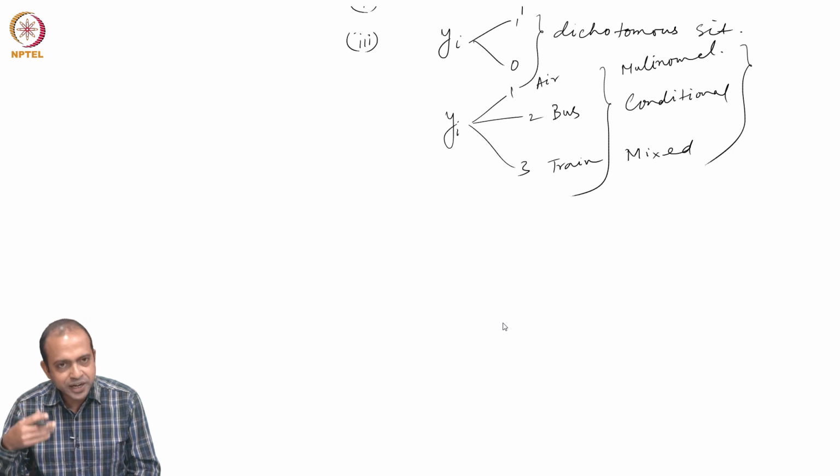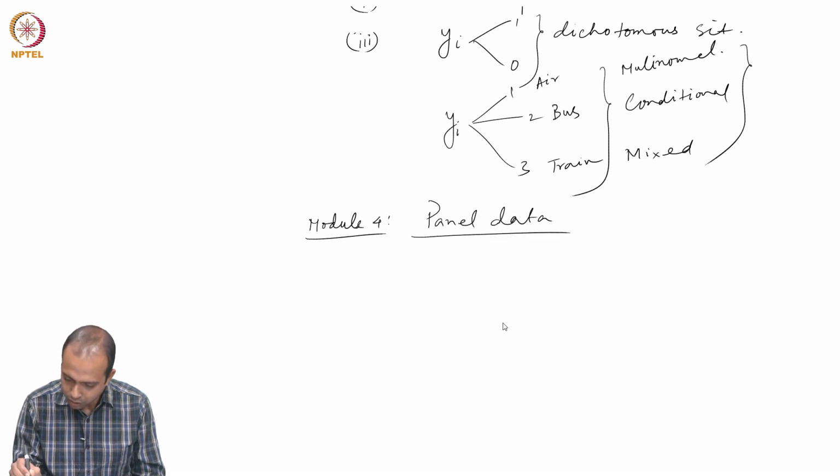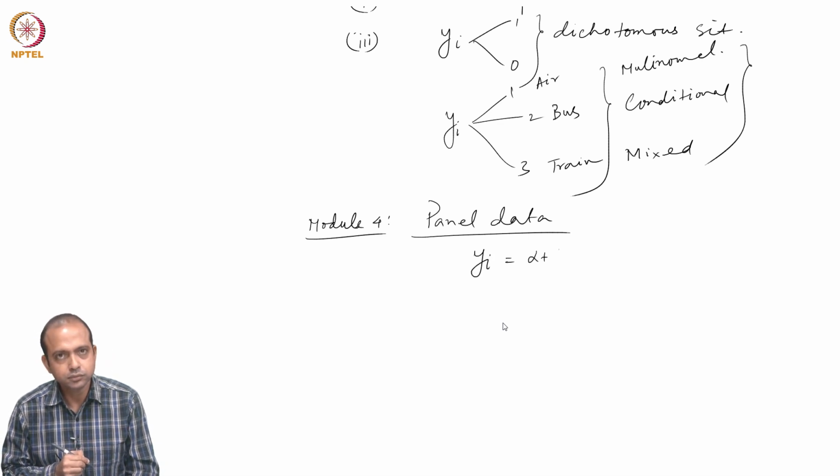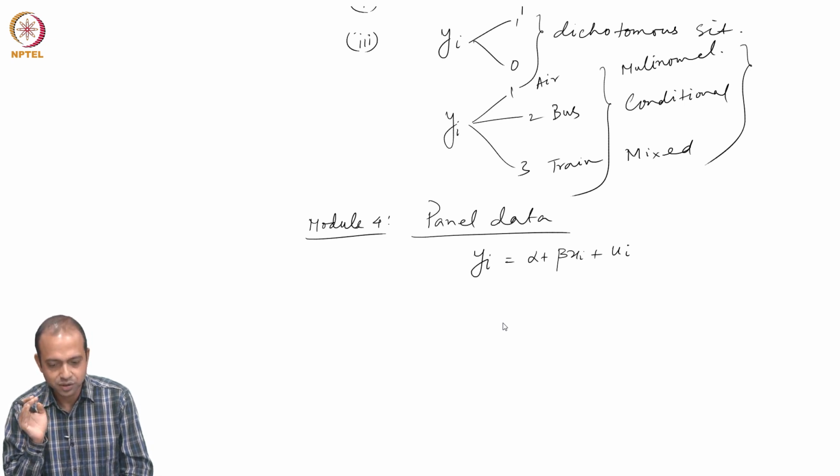That means all my data is collected at a single point of time, which is called cross sectional data. But many times we have data sets which will have both the dimension of cross section as well as time series, right.